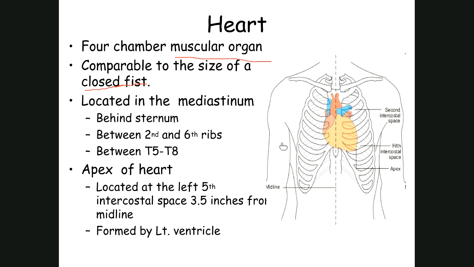This area is present behind the sternum and in between the second to sixth rib. See here, this is the first rib from here, second, third, fourth, fifth, and sixth rib. This is the area where the heart is present.